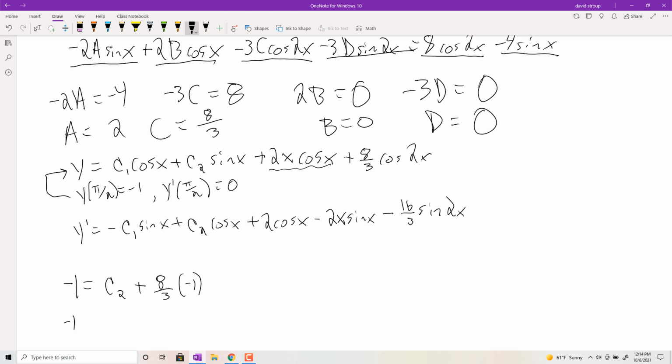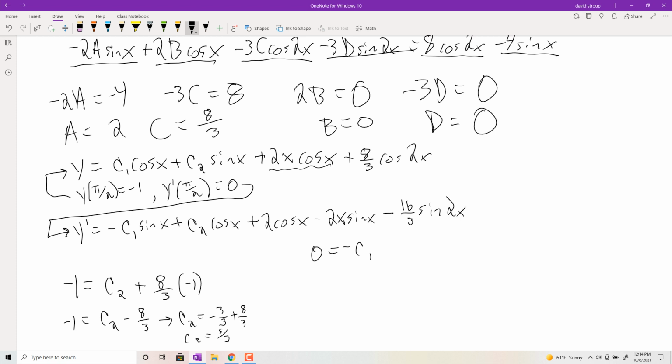Okay, so we get -1 equals c2 minus 8/3. So c2 equals -3/3 plus 8/3. So c2 equals 5/3.